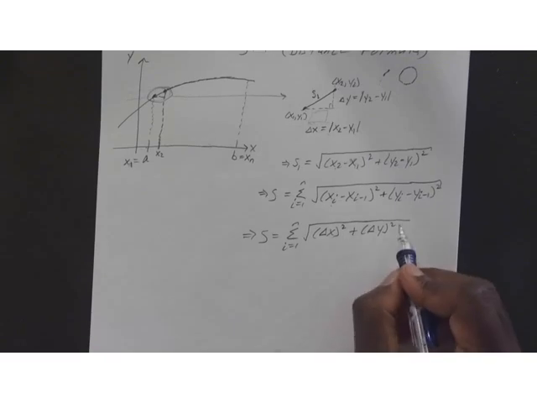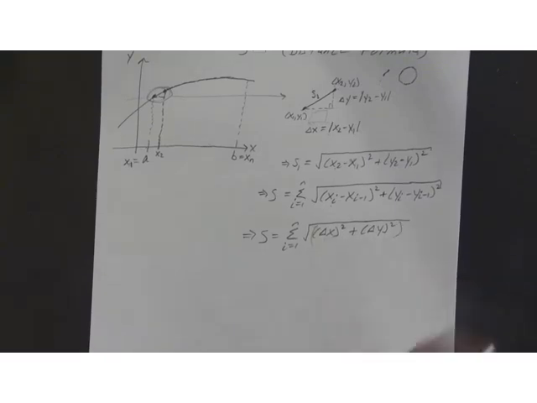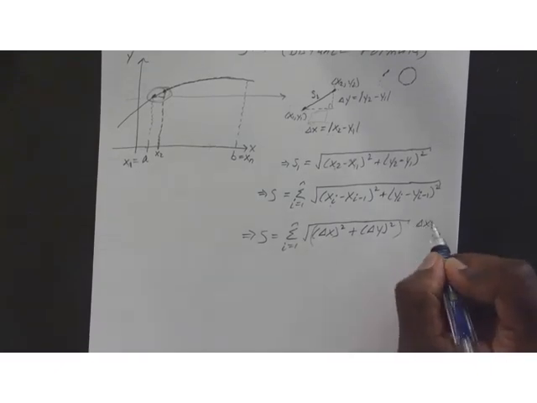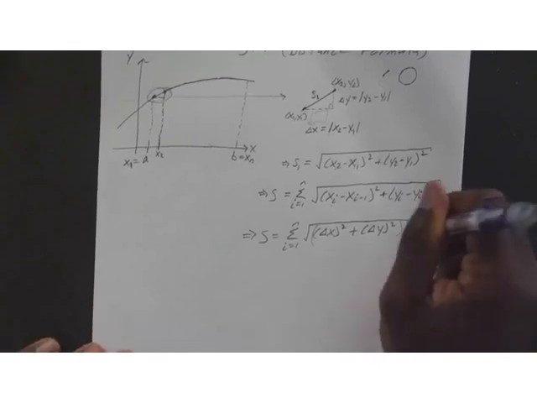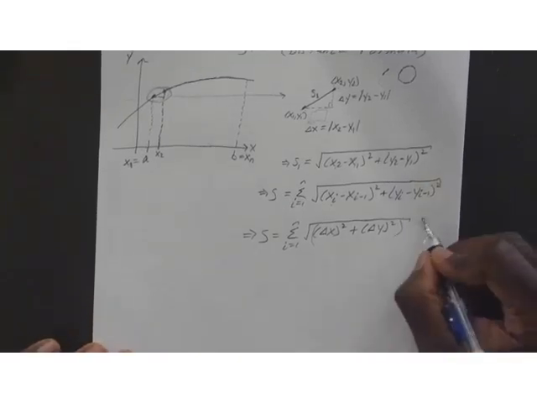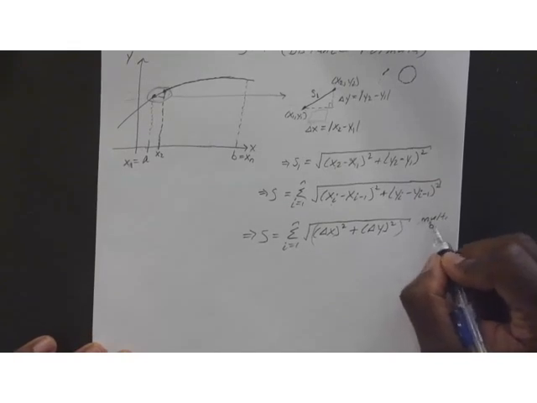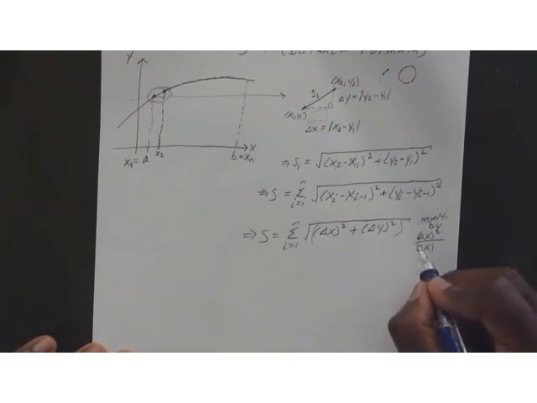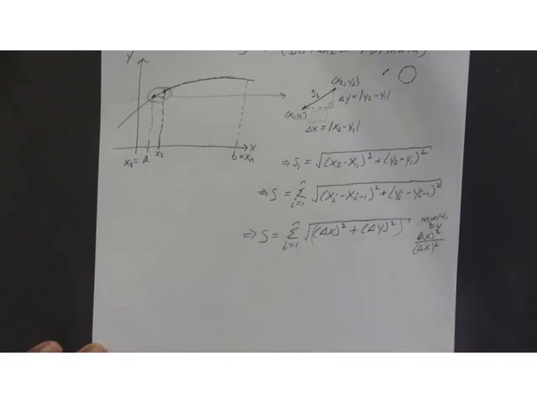Okay. Now, what if we multiply both of those terms by delta x squared over delta x squared? You could actually multiply by delta x squared divided by delta x squared.